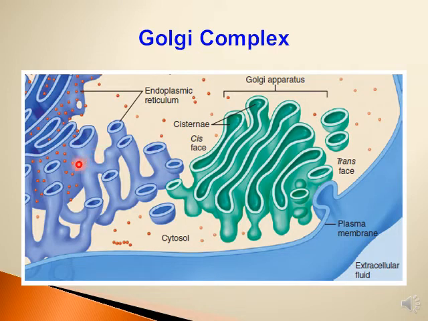The Golgi apparatus will receive vesicles containing proteins that were produced in the rough endoplasmic reticulum. So mainly it is for the final modification of molecules that are produced in the rough endoplasmic reticulum in preparation for their secretion to the exterior of the cell by exocytosis, as you can see here.